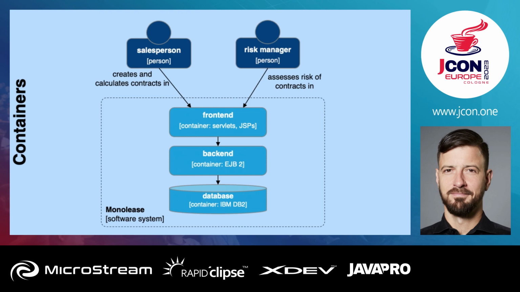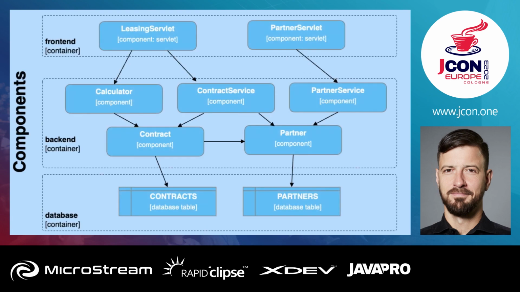Okay, so let's take a deeper look into the containers. What are the components that we find inside there? You can see here, well, the front end is made of 2 servlets, leasing servlet, partner servlet, and there are database tables below here. And in the back end, there is some sort of domain model. We find some domain terms here, which is nice. So a calculator, a contract service, partner service.